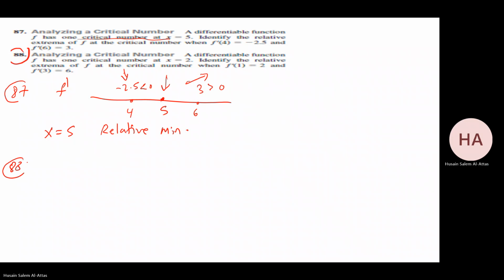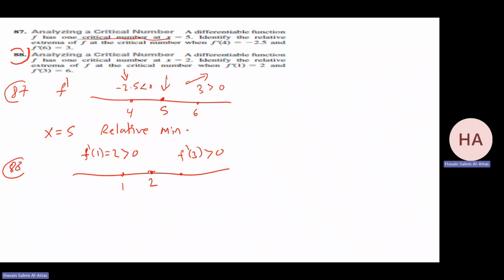We have a critical number at x equal to 2. f prime at 1 is positive, and f prime at 3 is also positive.